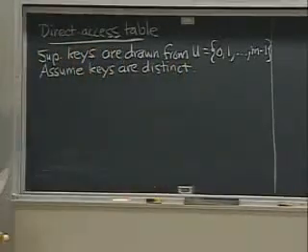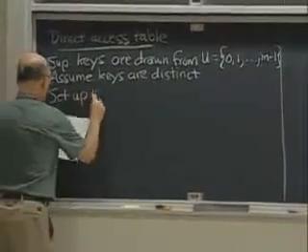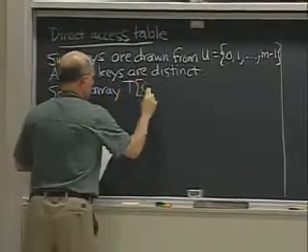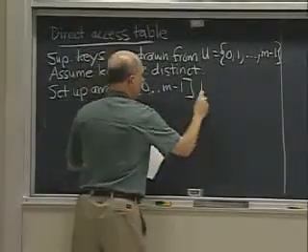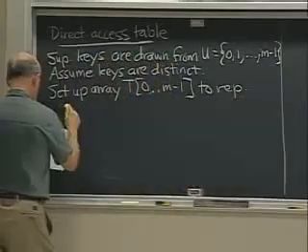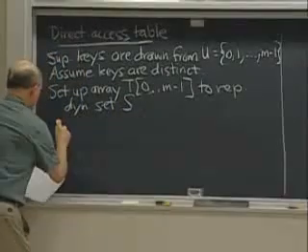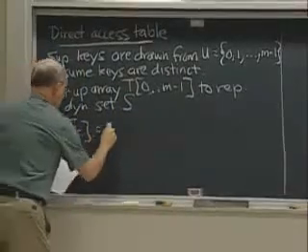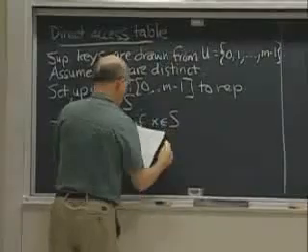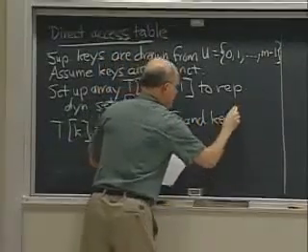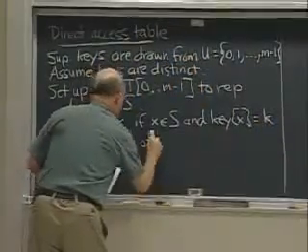The way a direct access table works is that you set up an array T from 0 to m minus 1 to represent the dynamic set S, such that T of k is going to be equal to x if x is in the set and its key is k, and nil otherwise.